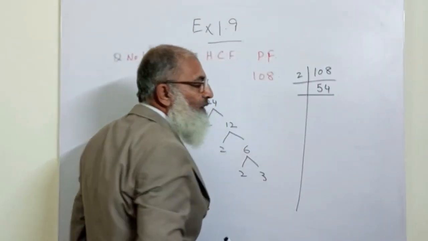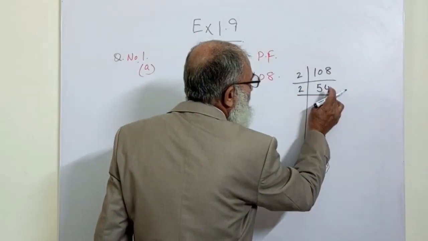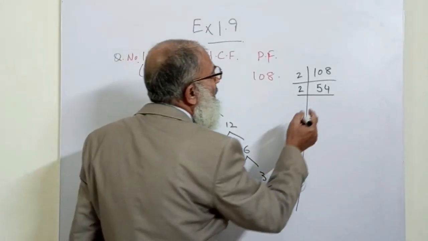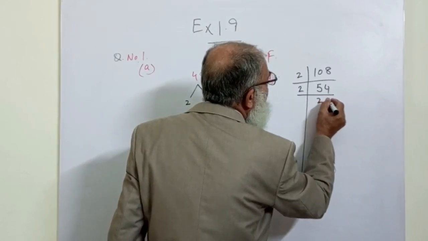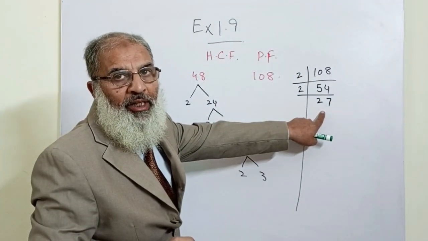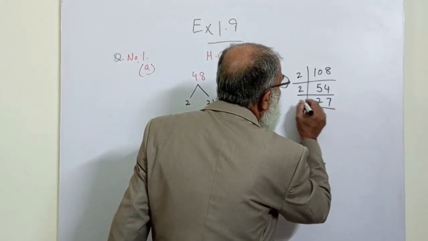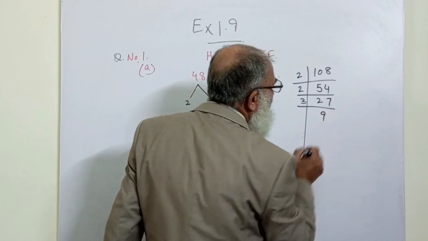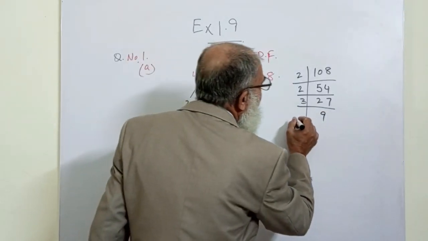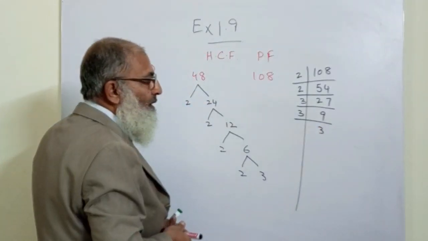Again it is divisible by 3, but we do it by 2 because it is also divisible by 2. Now this is not divisible by 2 anymore. So we started from 3. 3 times 9 is 27, and 3 times 3 is 9.